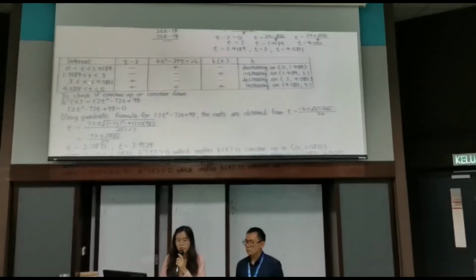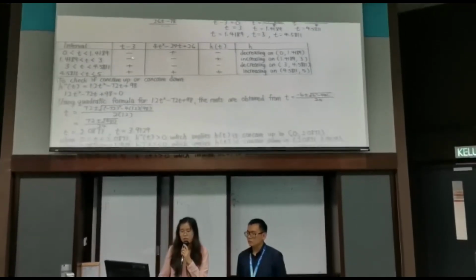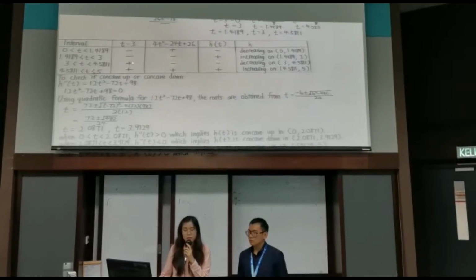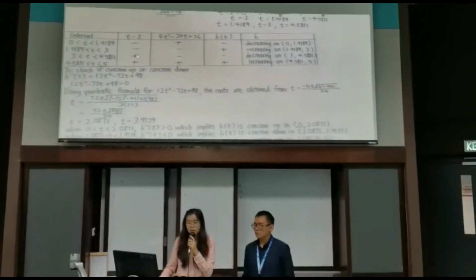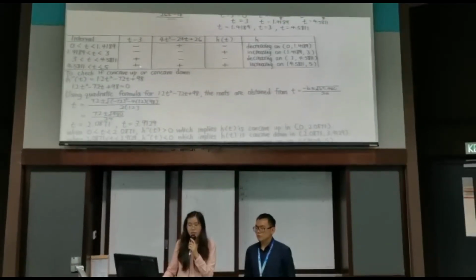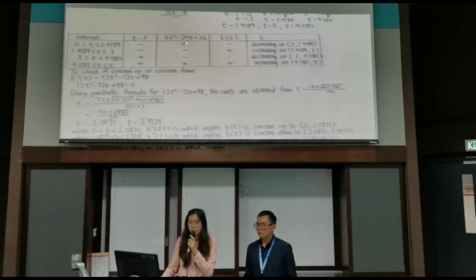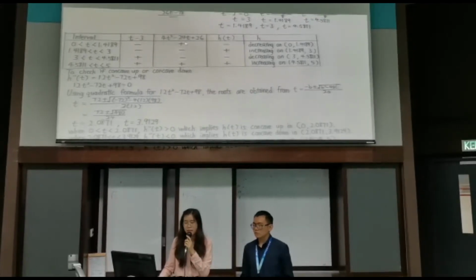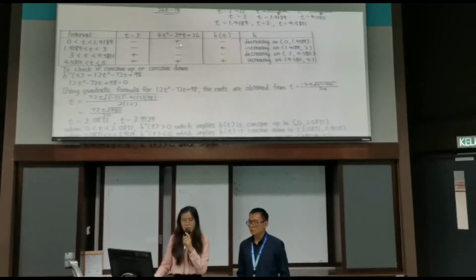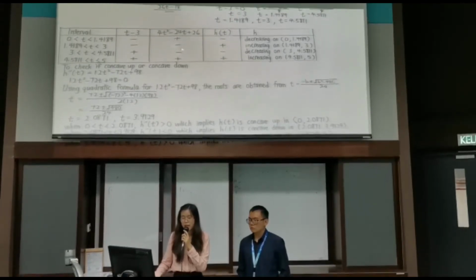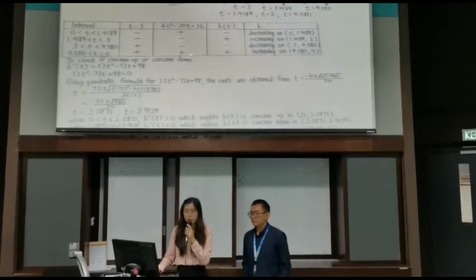For t minus 3, the first and second intervals are negative, and the third and fourth are positive. For 4t squared minus 24t plus 26, the first interval is positive, the second and third are negative, and the fourth is positive again.